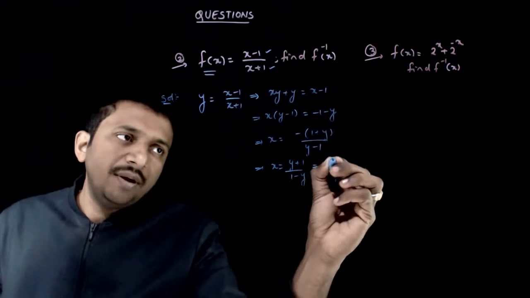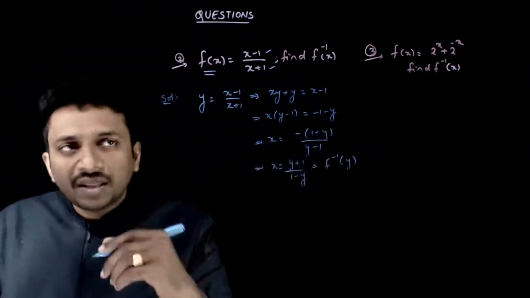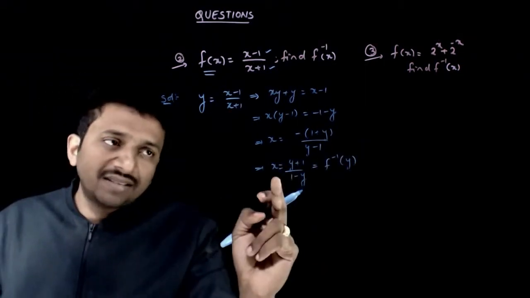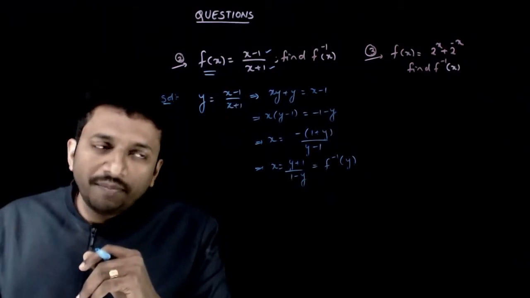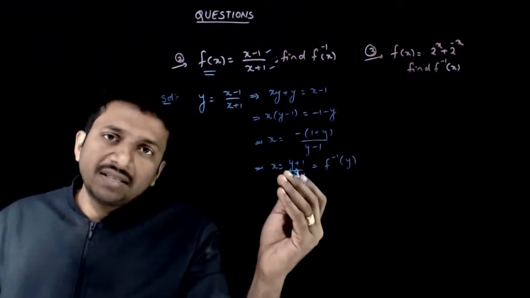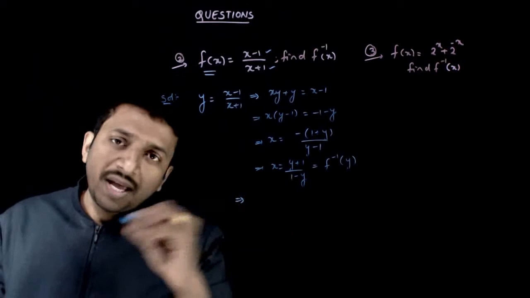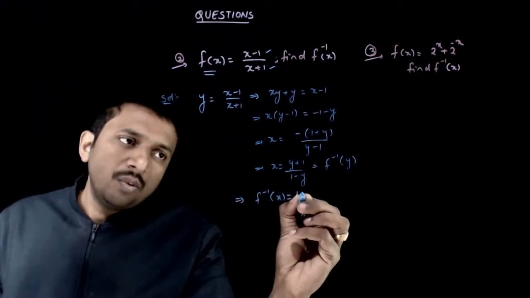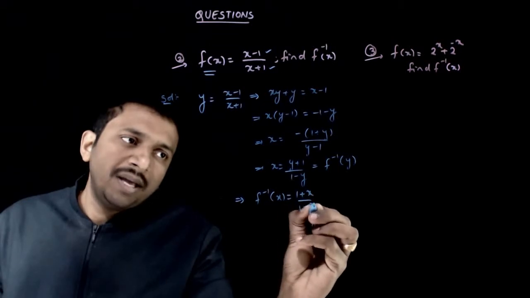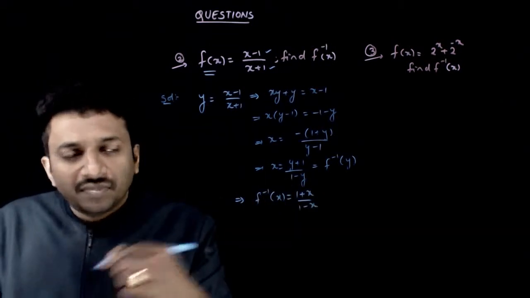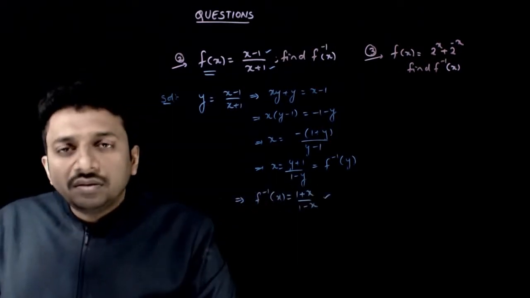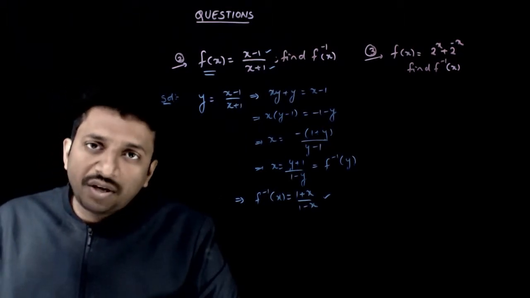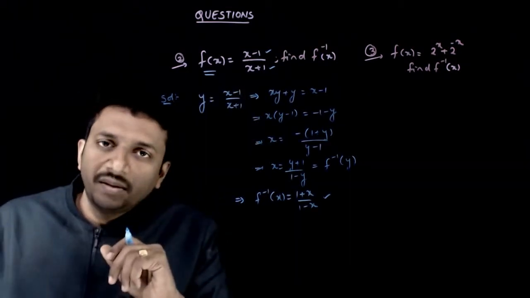And this is equal to f inverse of y, right? If y is equal to f of x, x is equal to f inverse of y. And if f inverse of y is 1 plus y by 1 minus y, so f inverse of x will be equal to 1 plus x by 1 minus x. This will be the required inverse function for this question.